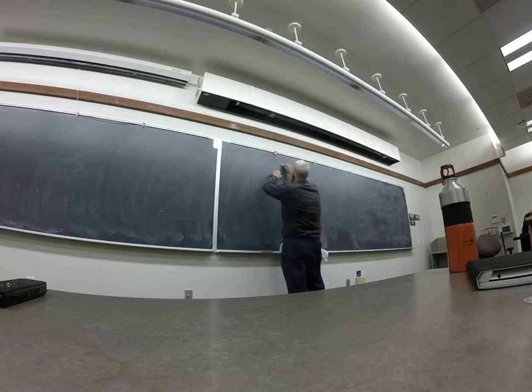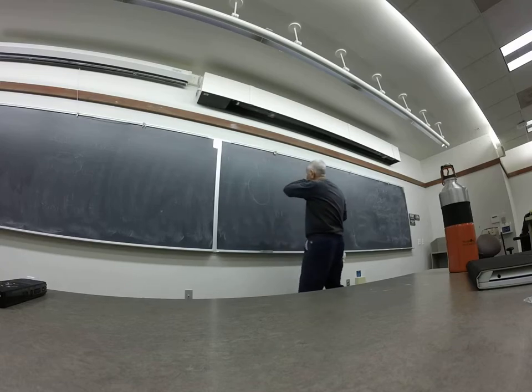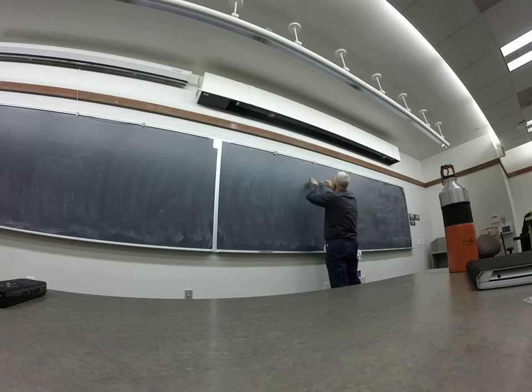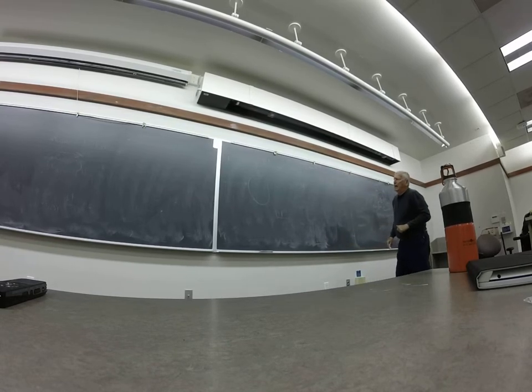I feed this in here. This stream has been enriched twice in benzene. This stream has been enriched once, depleted once. This stream here goes here. This stream has been enriched twice, depleted once. This stream's been enriched 3 times. It's a schematic of what's going on.